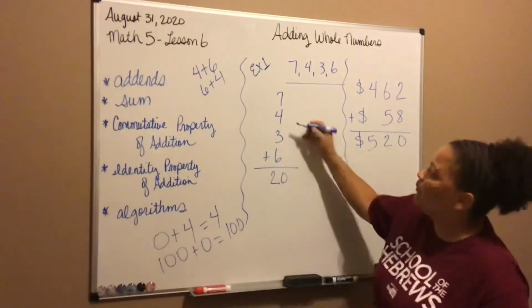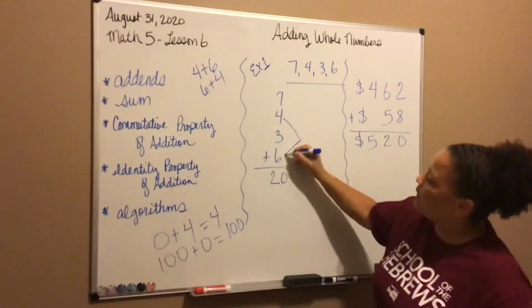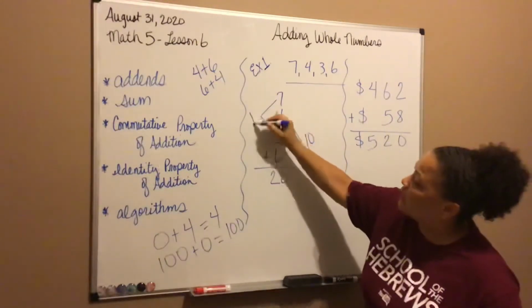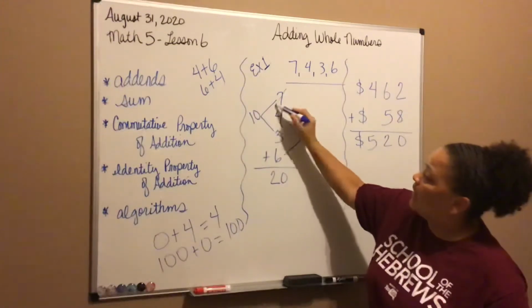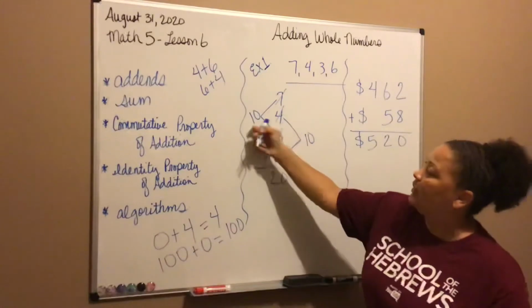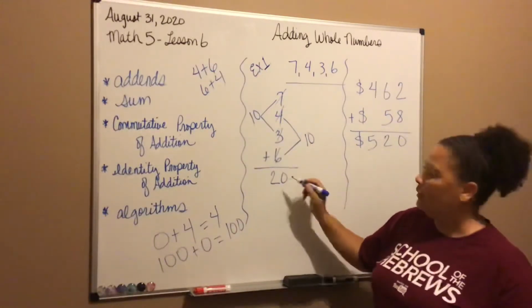So for example, we know that 4 plus 6 is 10. We know that 7 plus 3 is 10. So we have all four numbers accounted for. So then we look at 10 plus 10 and we know that it's 20, right?